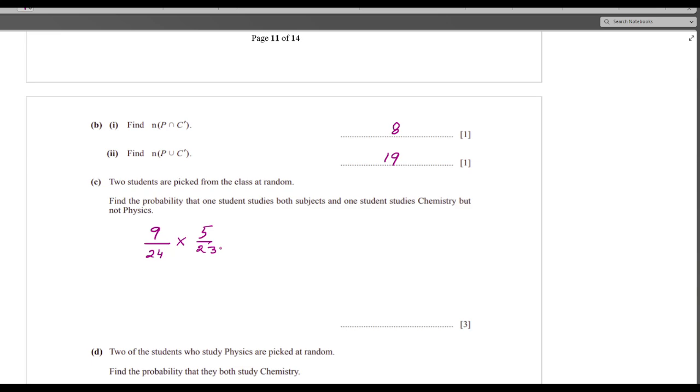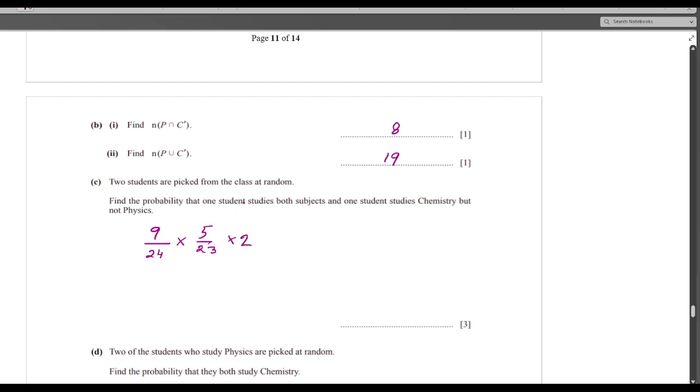Two students are picked from the class at random. Find the probability that one student studied both subjects. So that is 9 divided by 24. And one student studied chemistry but not physics. That is 5 upon 23. And this whole thing I will multiply by 2.